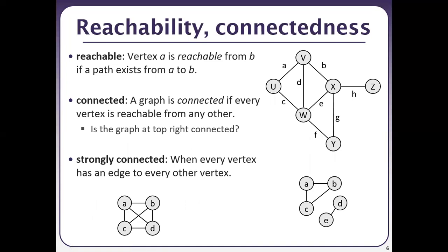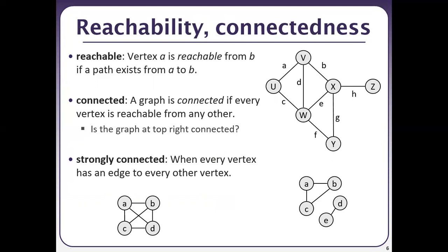Reachable. We say a vertex A is reachable from B if at least one path exists from A to B. For example, V and Z are reachable. Here, V and X have an edge.